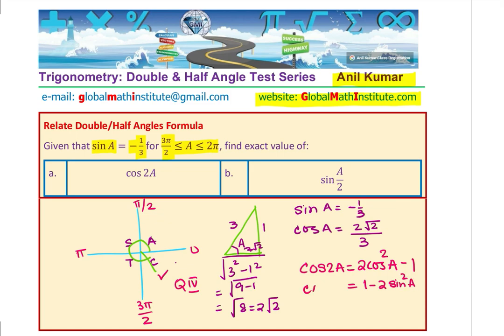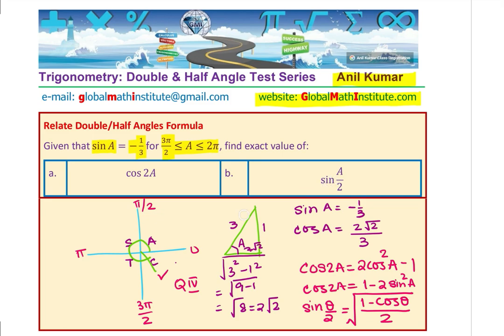So we could use the second formula directly using sine A. Now we need to find the half angle formula also. See, the half angle formula you can derive from here. We can write down that sine of theta by 2 will be equal to the square root of 1 minus cos theta by 2, right? So these are the formulae which will help us find our answer.